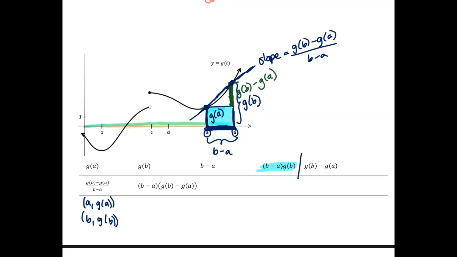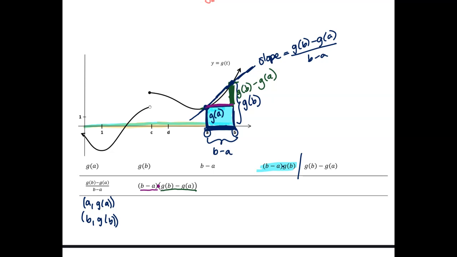Okay, and then just one more to push you, and you'll have some of these to try on your own just to make sure you're getting this. What happens if you take that same B minus A, base of the rectangle, and you multiply it by G of B minus G of A, this green vertical distance? And again, remember, when you multiply, what you're getting is area.